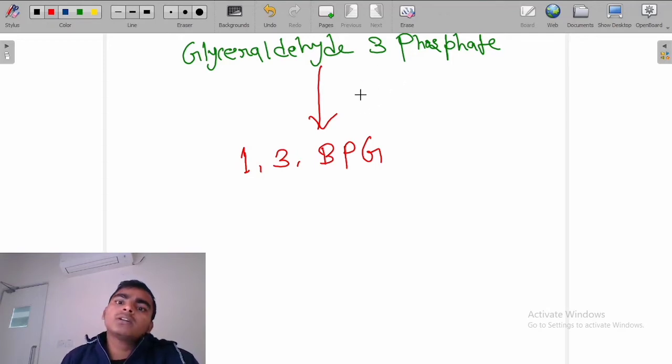So how will this glyceraldehyde 3-phosphate gain one more phosphate and be converted into 1,3 biphosphoglycerate? There is no ATP coming for this. The inorganic phosphate which is present in the cytoplasm is going to help in this particular step, and this inorganic phosphate is going to be merged with this glyceraldehyde 3-phosphate.